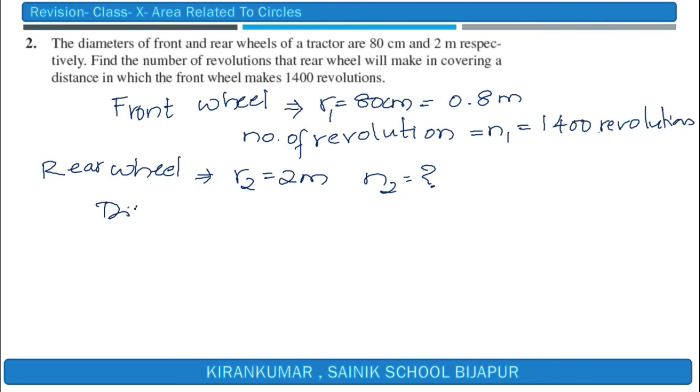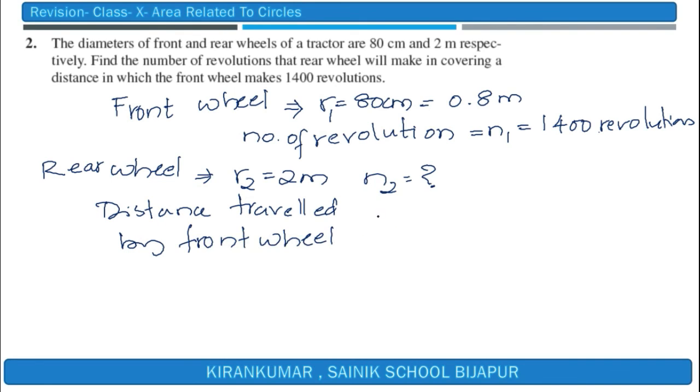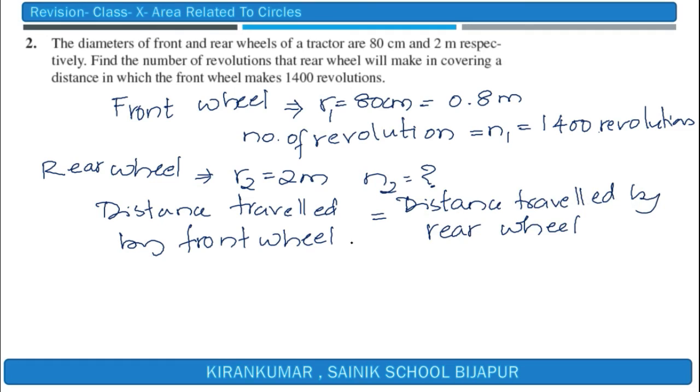Here, the distance traveled by the front wheel will be the same as the distance traveled by the rear wheel. What is the distance traveled by the front wheel? Since I have taken it as R1 and N1, the distance is 2 pi R1 N1.